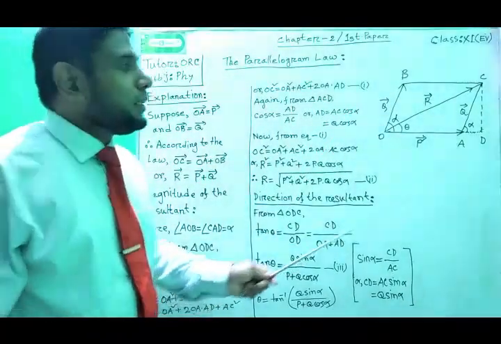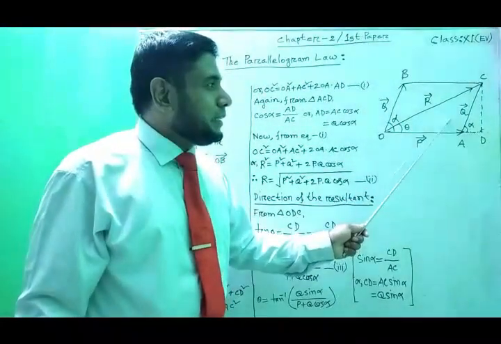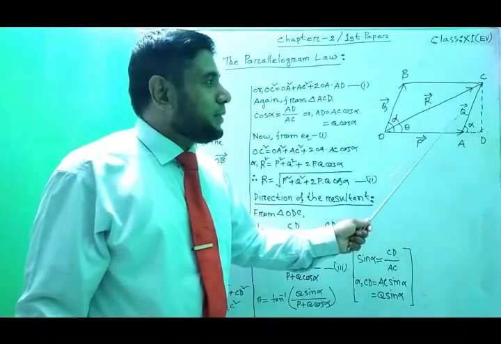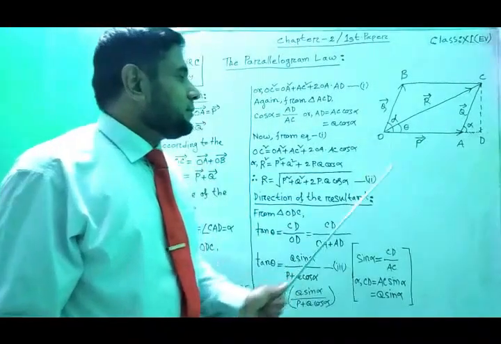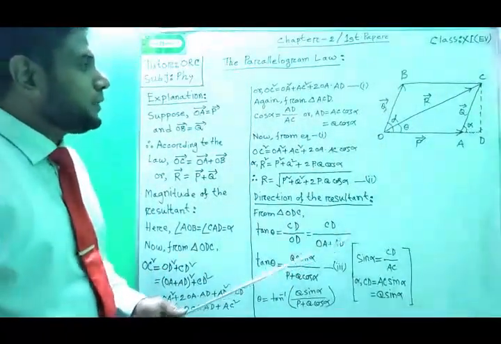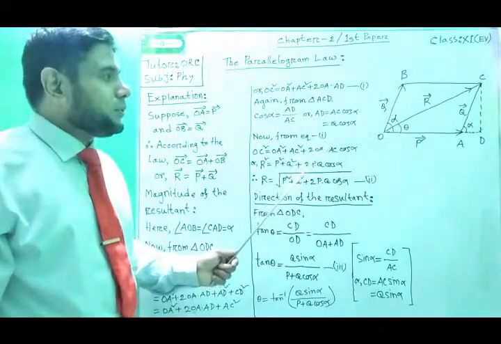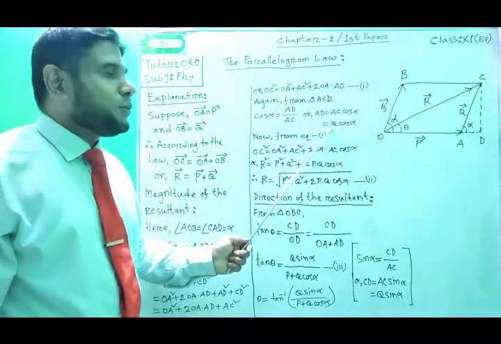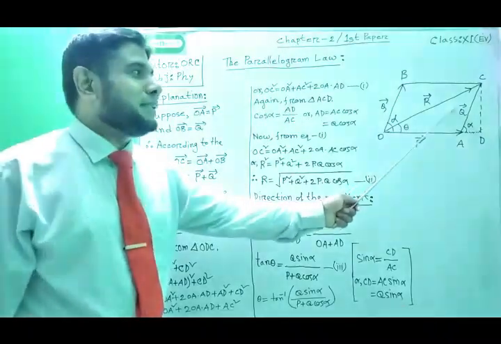And along with the side AC, you can see clearly the acting vector Q. As we are going to find out the magnitude, we will write only Q without the arrow sign.